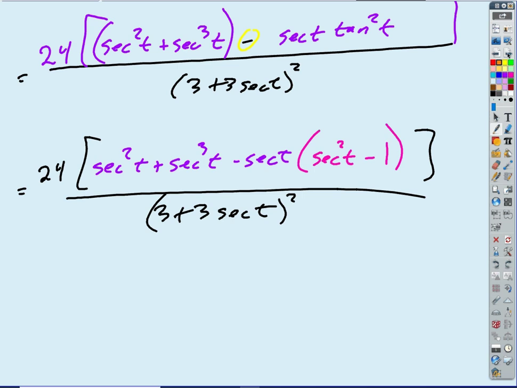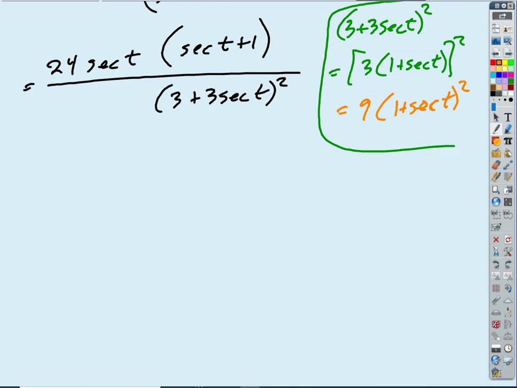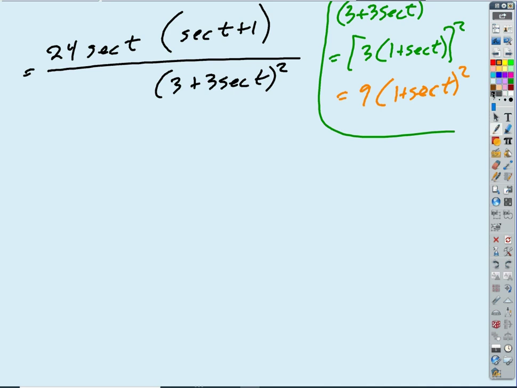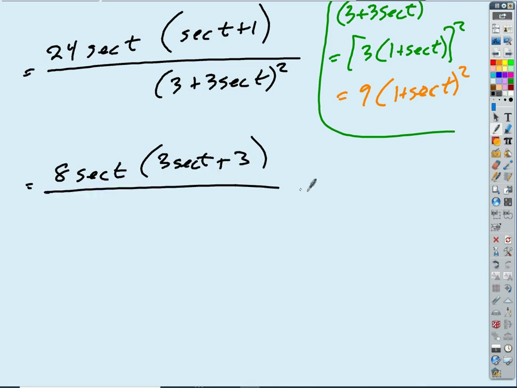Just so you see it another way, what if I broke this 24 up? So we had an 8 secant t times 3 secant t plus 3, divided by 3 plus 3 secant t squared.